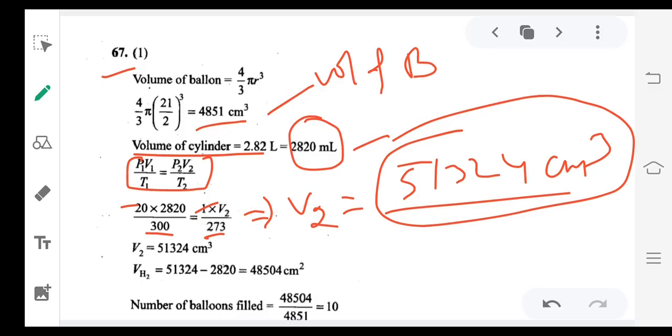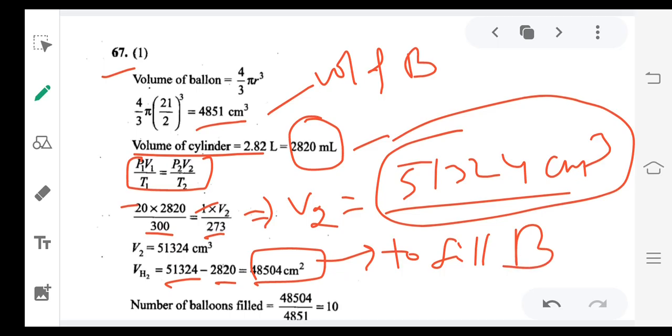So from this total volume, if you remove 2820 ml, you will get the gas available to fill the balloons. Now the number of balloons filled equals the total volume available divided by the balloon volume. So you will get exactly 10 balloons. Important model question.